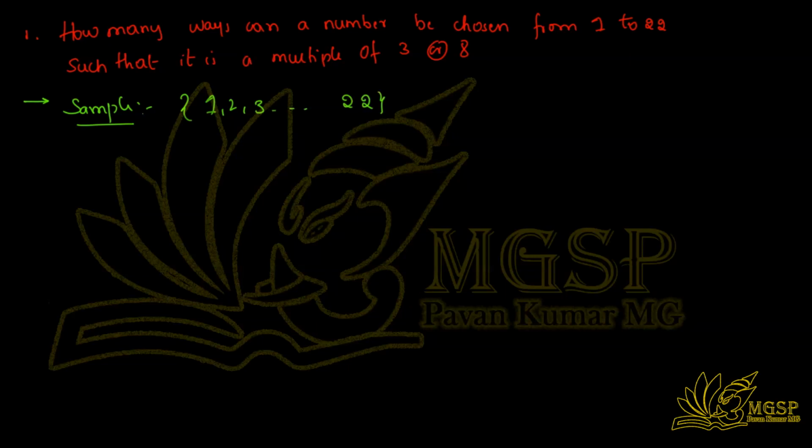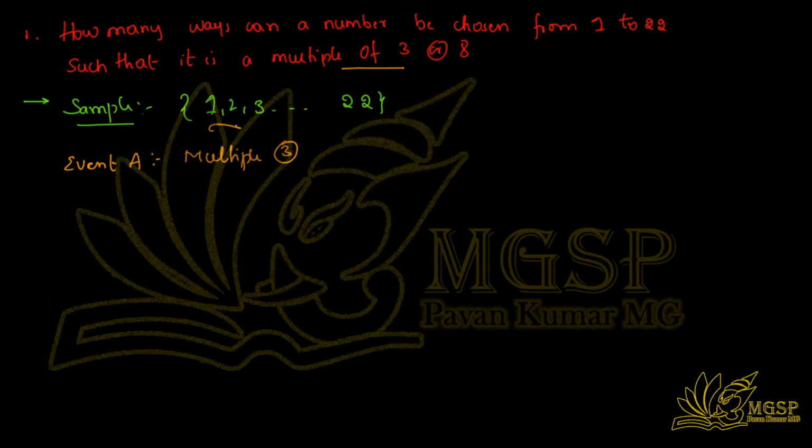Now there is an event, named event A or event X. We can choose whatever we like; I will choose event A. They have told us multiple of 3. Okay, multiple of 3, I will write this.